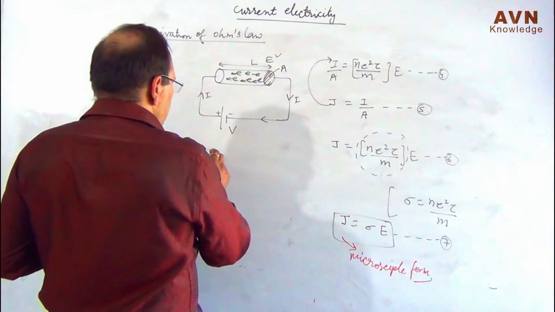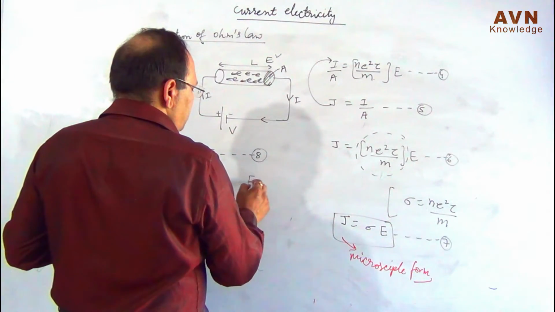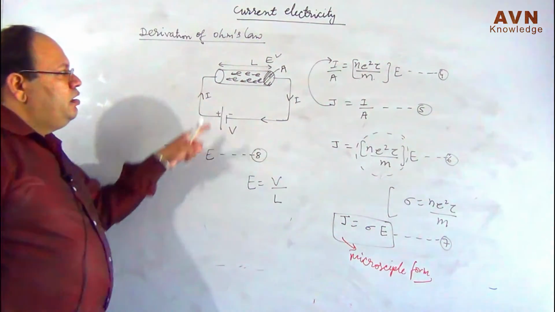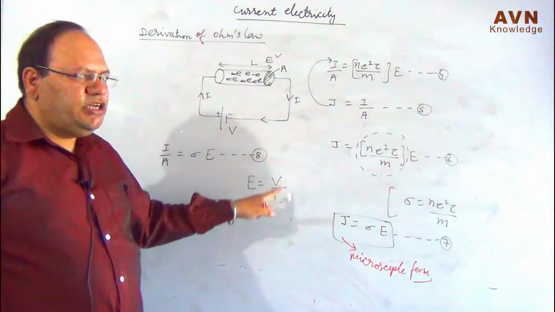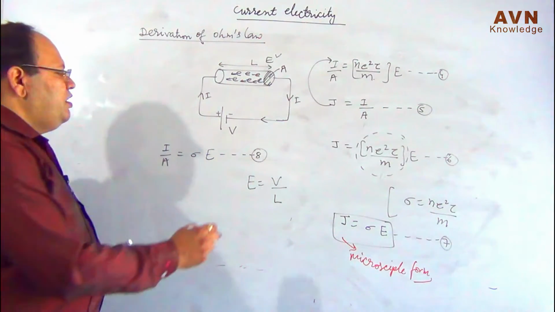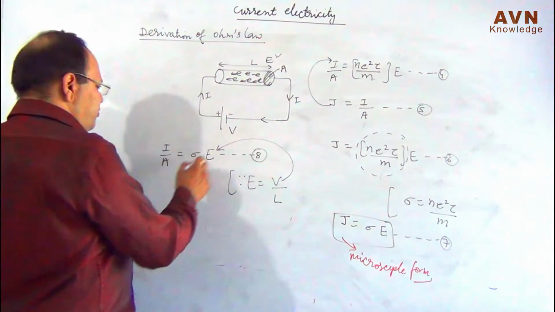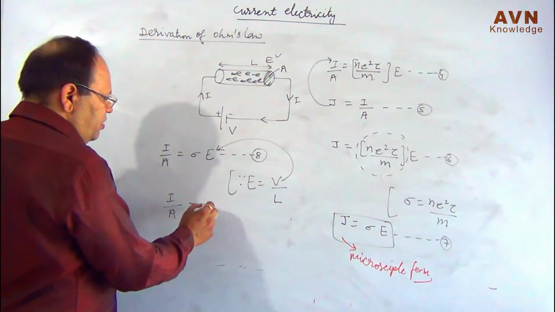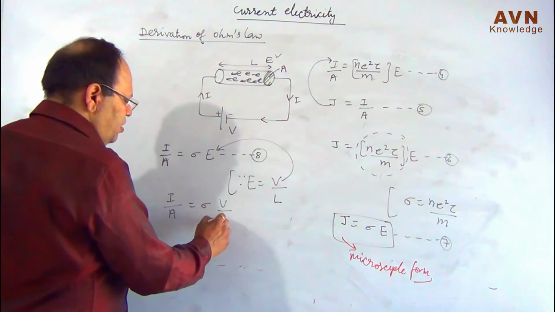E is the electric field. If the length is L and the potential is V, the relation between electric field, potential and length gives E equals V upon L. Put the value of E in terms of this equation, so this will be sigma into V upon L.